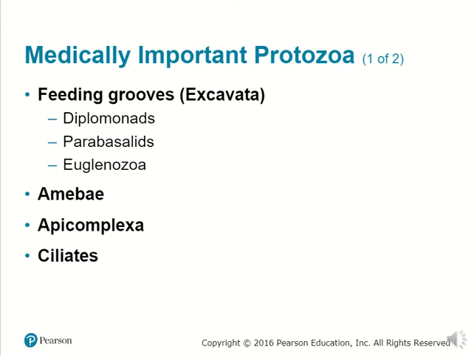Medically important protozoa include the Excavata, which have feeding grooves. These would be diplomonads, parabasalids, and euglenozoa. There are also amoebae, apicomplexa, and ciliates.